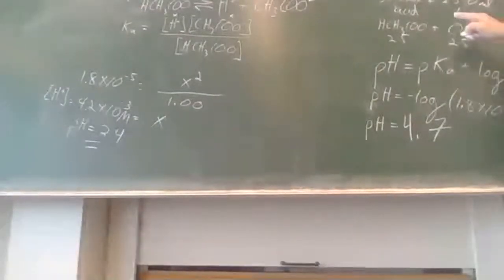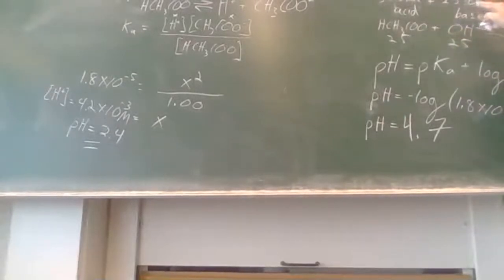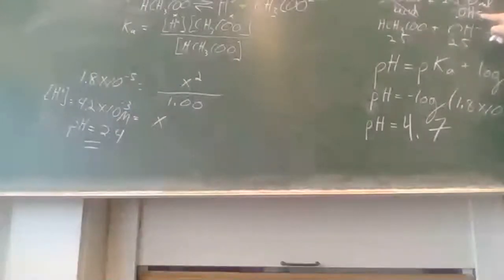Check this out. If I did 50 and 25, then essentially that 25 of that base is gone, or the OH minus. So that's gone, and I got 25 milliliters left of the acid. All right? But turns out this OH minus stuff, it's not gone in this equation.